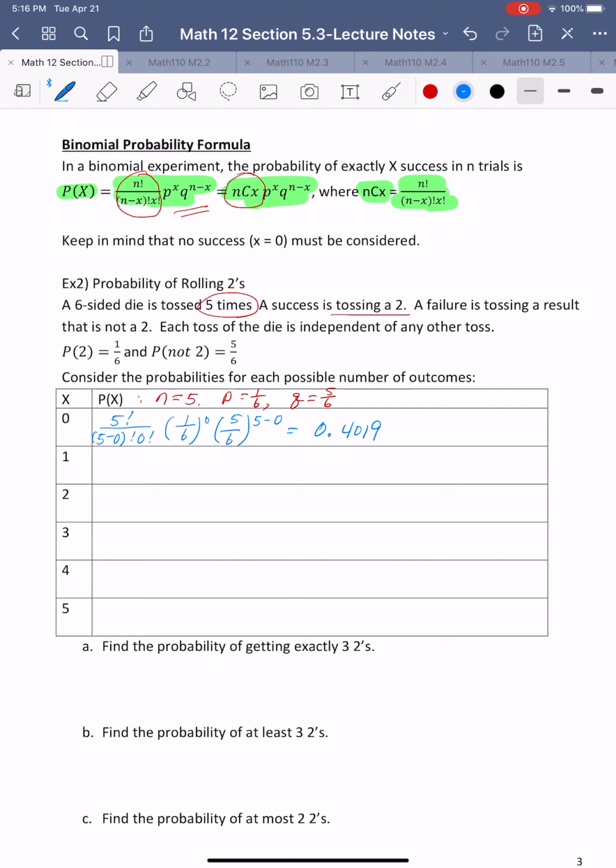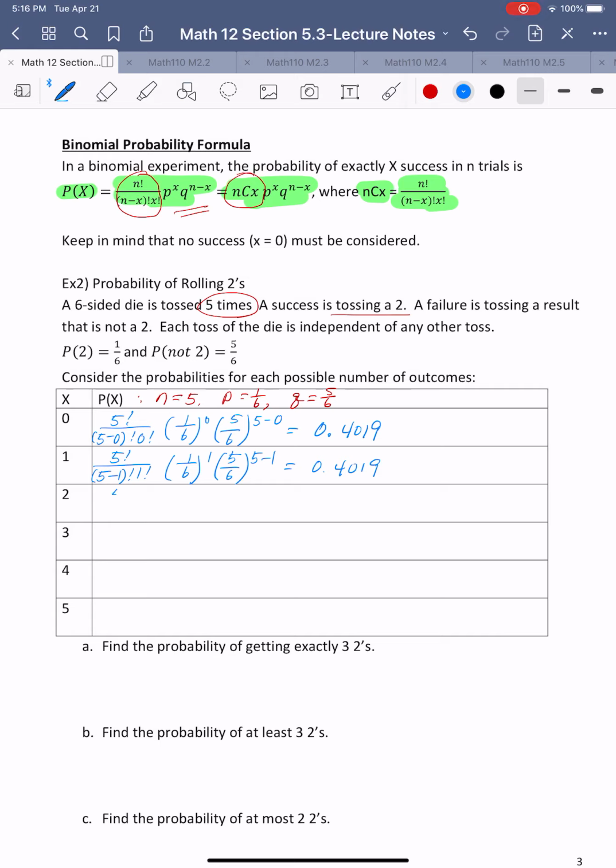For getting exactly one 2: 5 factorial over (5 minus 1) factorial and 1 factorial, times (1/6) to the first power, times (5/6) to the 5 minus 1 power, which comes out to 0.4019.